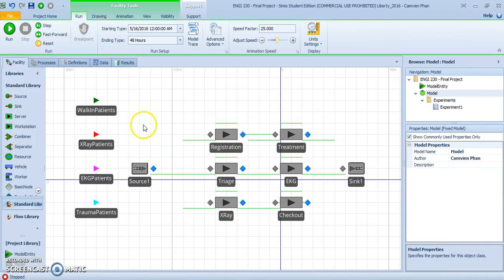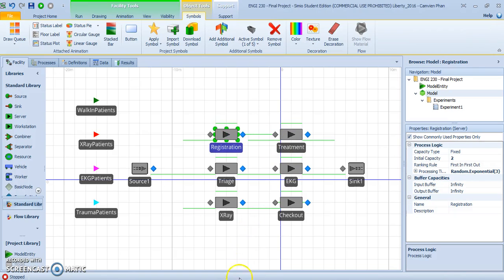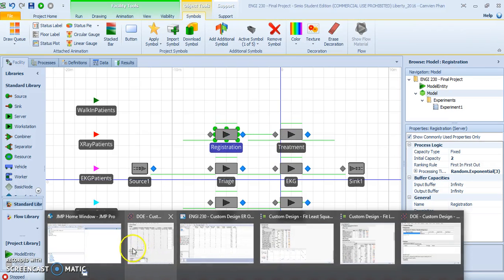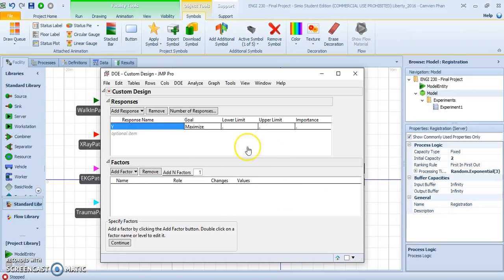To set up the experiment, once I'm in here, all I would do is put in the factors and the types of factors. For example, for treatment, I don't want to hire 2 doctors because that's already $240,000.